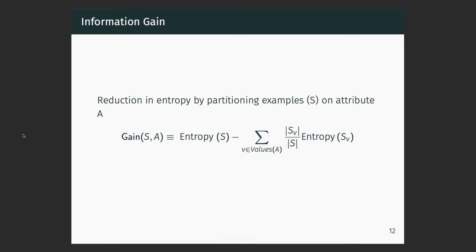Thus this turns out to be entropy of S minus the summation, over the possible values, of the number of elements in the specific subset once you've chosen a value, divided by the total number of examples in S, times the entropy of Sv. You sum it over all the possible values which an attribute could have taken. Is the formulation clear?